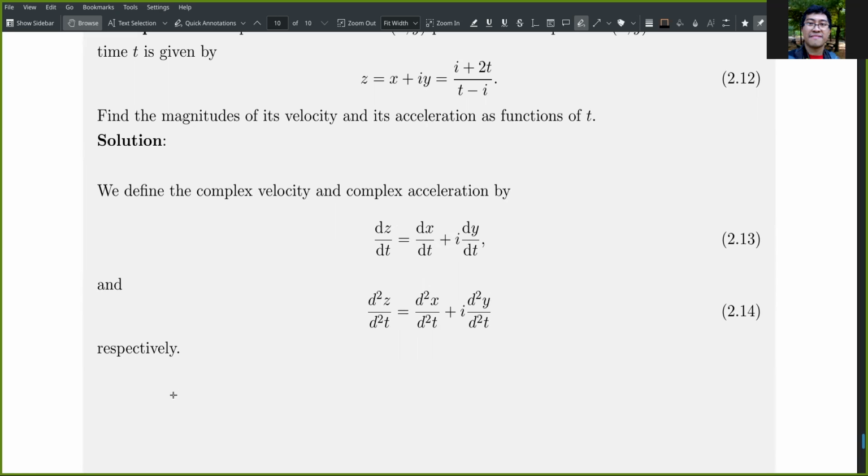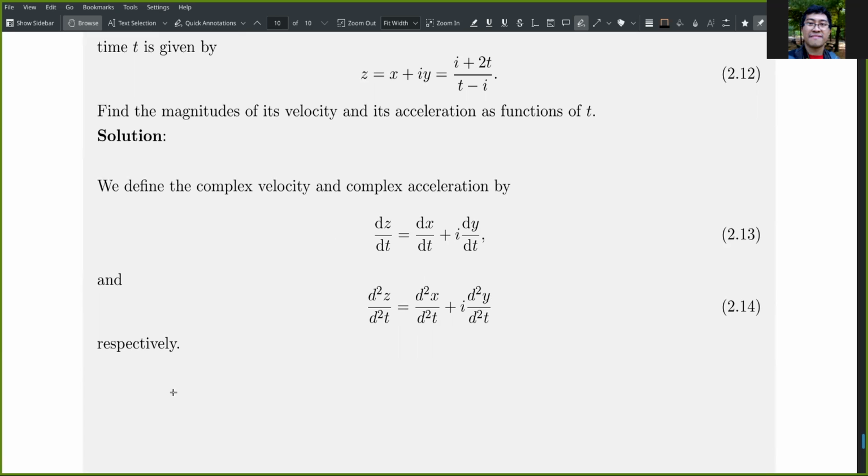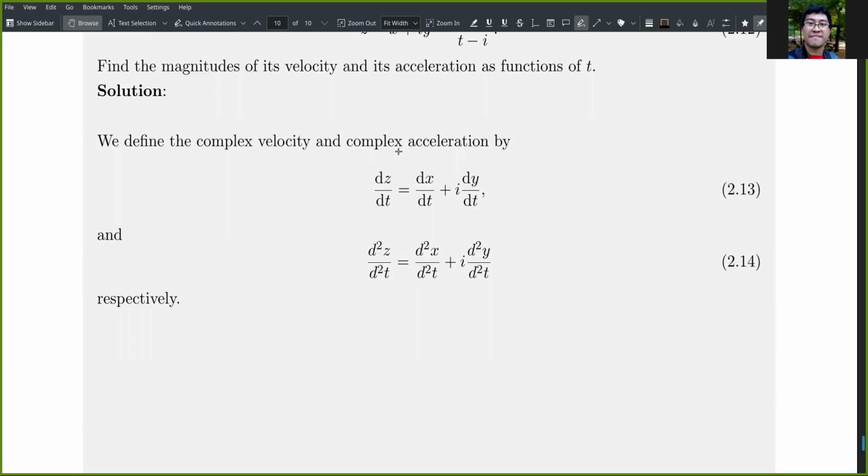If you want to find, say, dz by dt, the magnitude v is the absolute value of dz by dt.